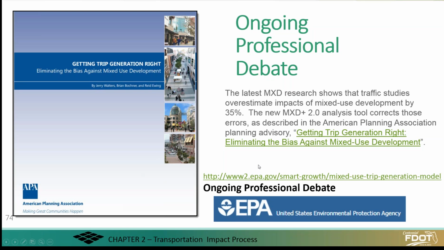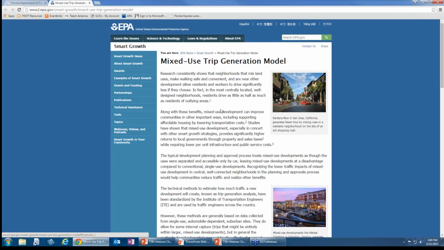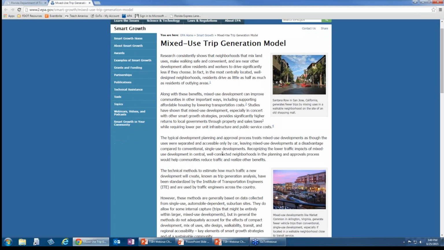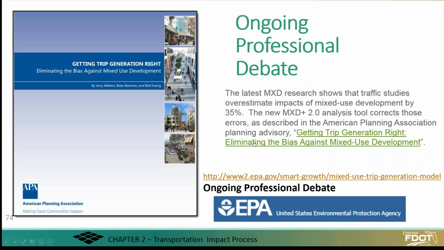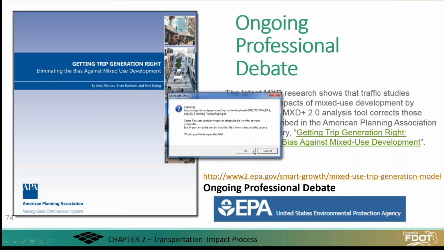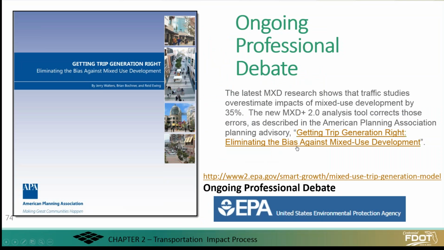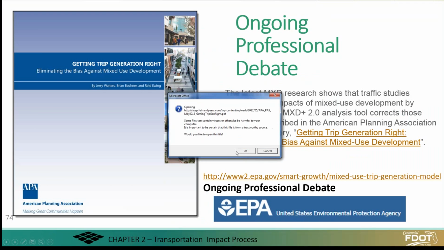I was wondering if a whole bunch of people tried to go there at once, whether there would be a problem. Sometimes it could be the internet connection. Which one did you click on? I clicked on the getting trip generation right.